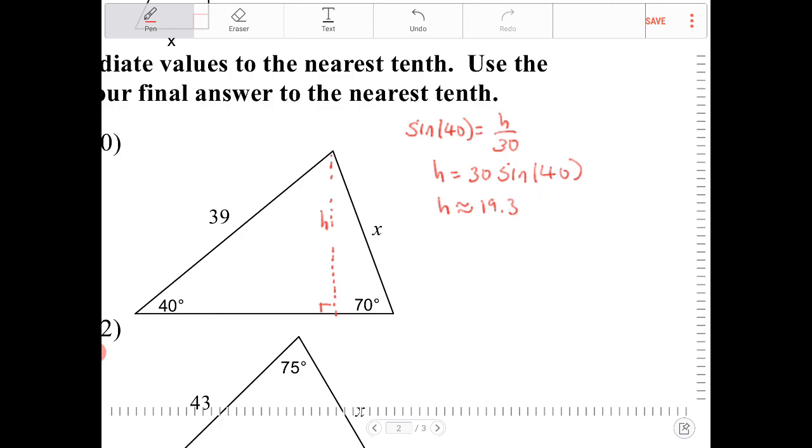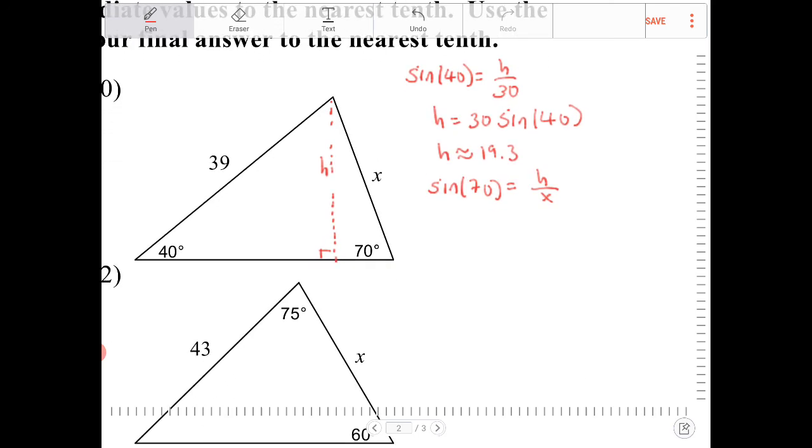And then to find out what x is, I will now take this triangle on the right. H is opposite of 70, and x is the hypotenuse. So I'm going to say again sine of 70 is equal to h over x. And since I know h, right, h is 19.3, I want to replace that in there.